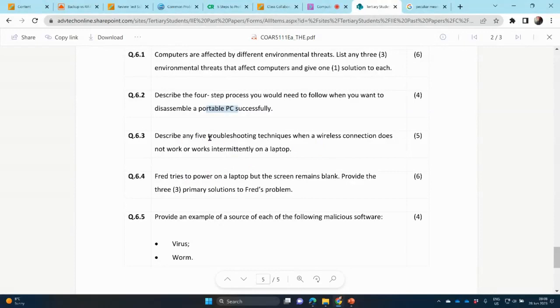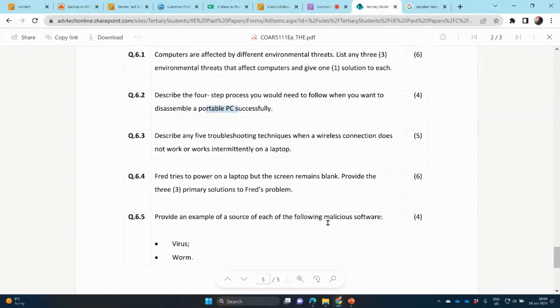They say 5 marks, so make sure you describe all 5. Fred tries to power on the laptop, but the screen remains blank. Provide 3 solutions to the problem. There are multiple problems that could be power related. It will be in the power related chapter on Learn and also in your textbook. Also check those review questions and practice tests. Maybe the question is there.